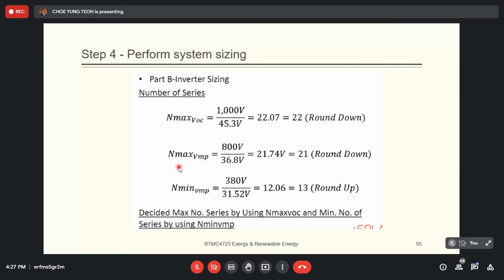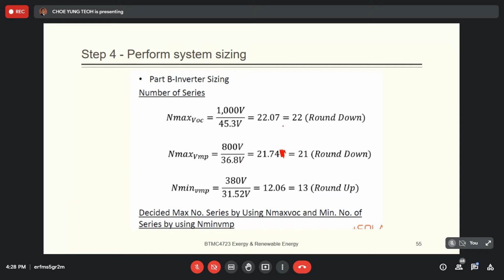And then secondly, N max for VMP, the maximum power point. The maximum power point range for this inverter is 380 to 800 volt. So we take 800 divided by 36.8, we get 21.74.